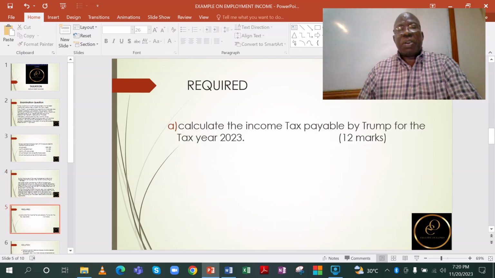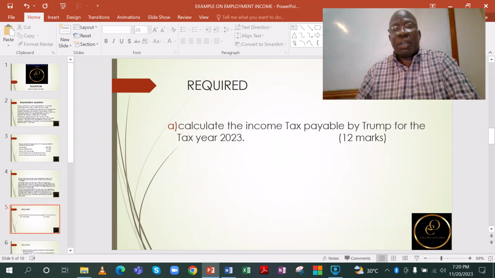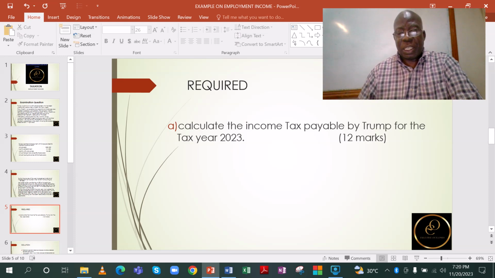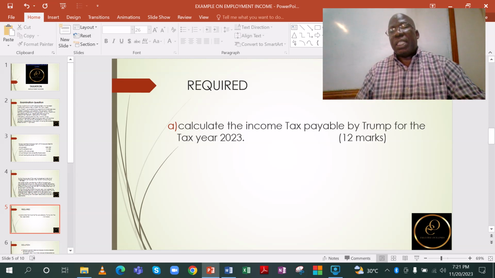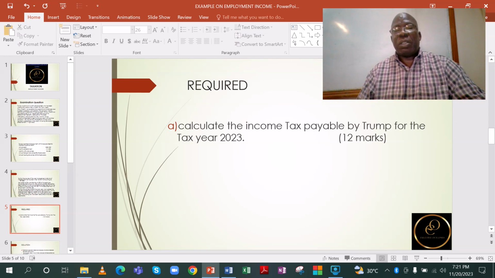Then what are we required to do? The task before us is to calculate the income tax payable by Trump for the tax year 2023. So what we are supposed to do is sift through the question and identify what the emoluments for Trump were.